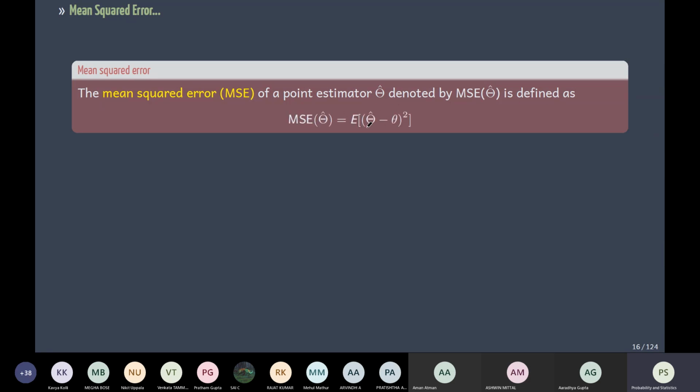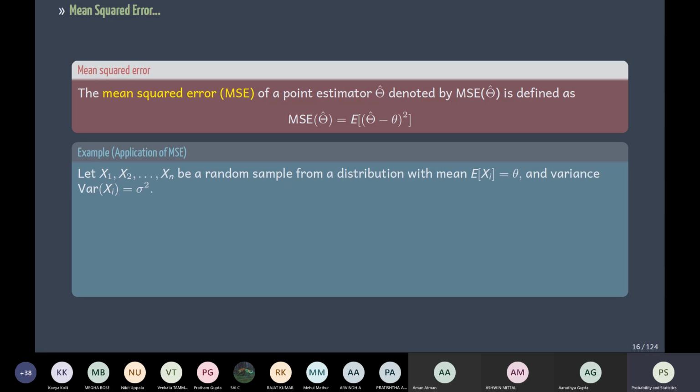If you define it like this, then this quantity will make sure that an unbiased estimator is also essentially a good estimator. It will throw away those previous cases. Let us see how we can compute this.